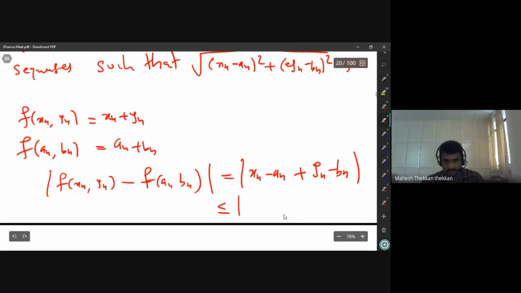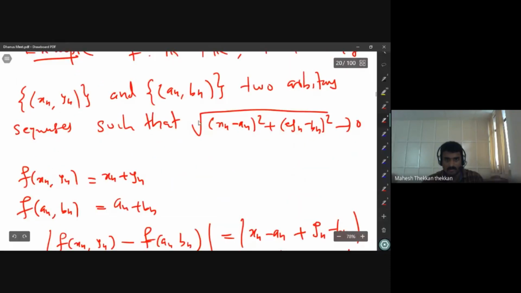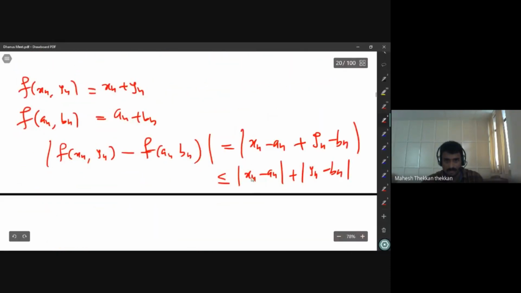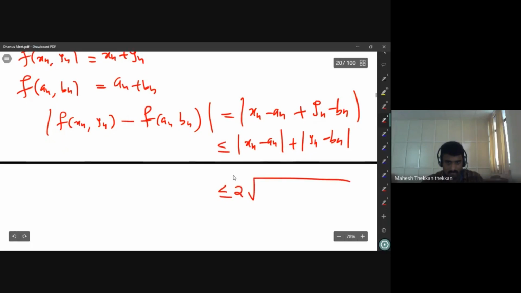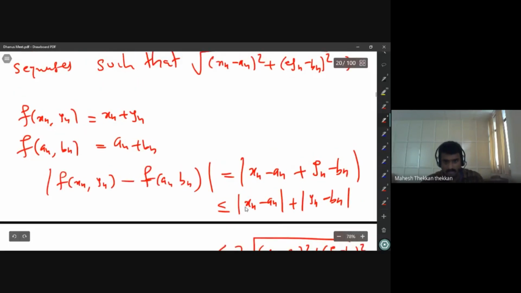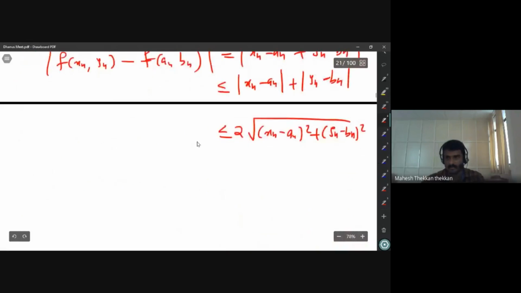This will be at most modulus of xn minus an plus modulus of yn minus bn. What can you say about this value and the square root value? I can write this will be less than or equal to 2 times the square root of (xn minus an) squared plus (yn minus bn) squared, because each term is less than or equal to this thing. The reason is this.